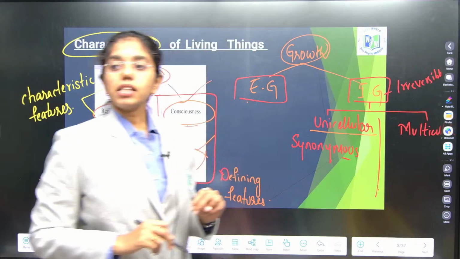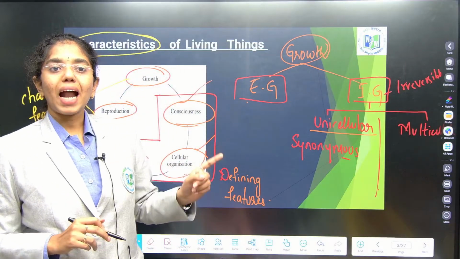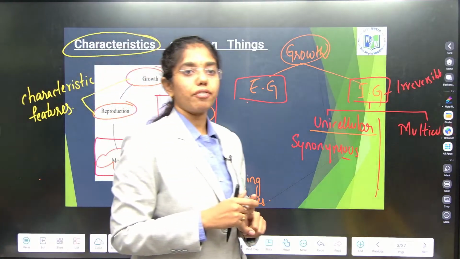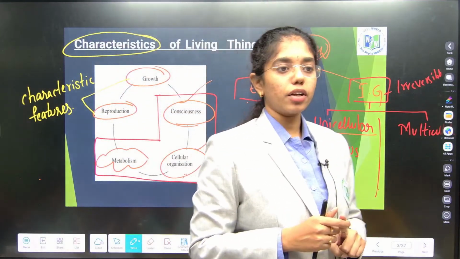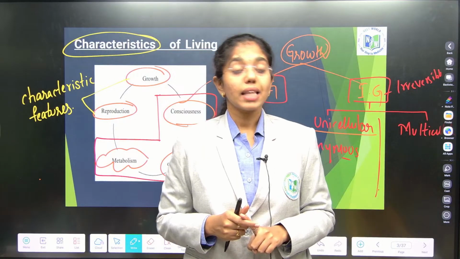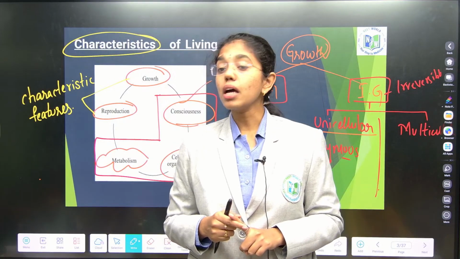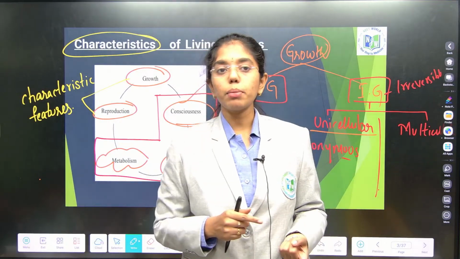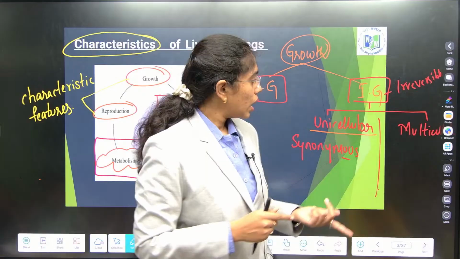Whereas in multicellular organisms, if you see in Plantae and Animalia, plants will have definite growth or indefinite growth? Indefinite growth. Indeterminate or determinate? Indeterminate growth. That is because of what, meristems? Secondary meristems, which can be vascular cambium or cork cambium.